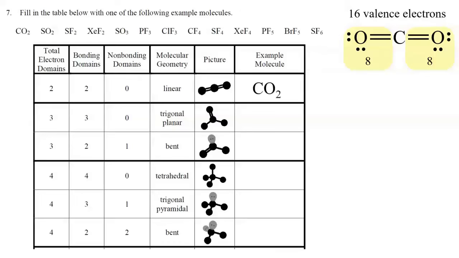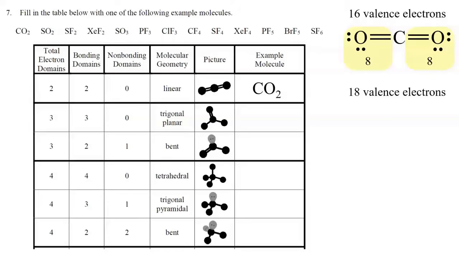non-bonding domains. Now, if I go from 16 valence electrons to 18 valence electrons, assuming that the terminal atoms have a complete octet, which is a group of 8, I'm going to have 2 bonding domains, but I will also have 2 electrons left over as a lone pair on the central atom.